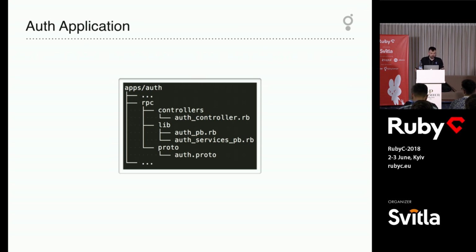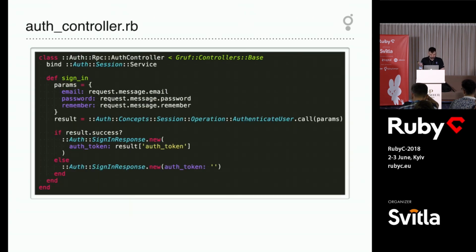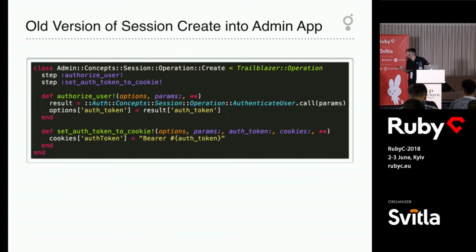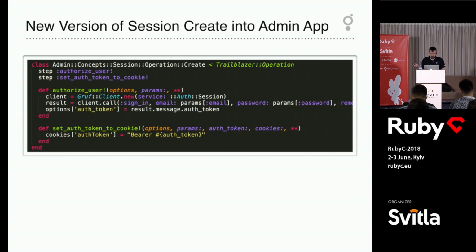For example, if we have some specific domain like authentication, one application, in our case the admin panel, just uses a client to provide login and password to another application, and this authentication application checks it and provides a response.